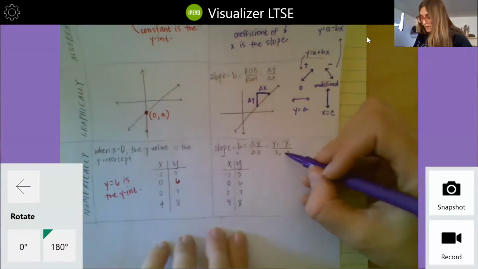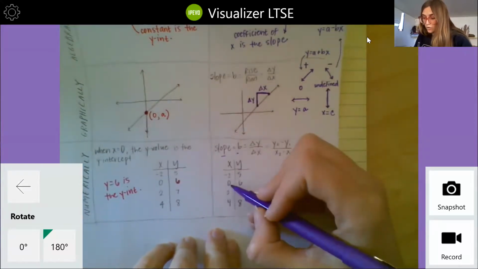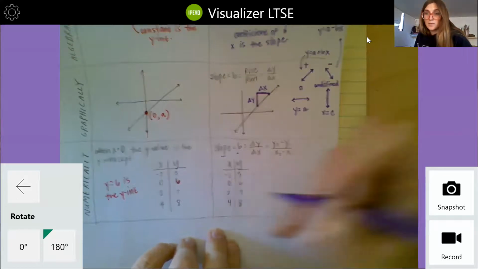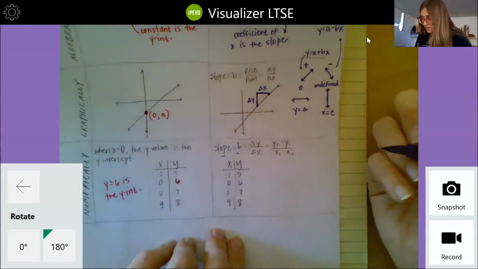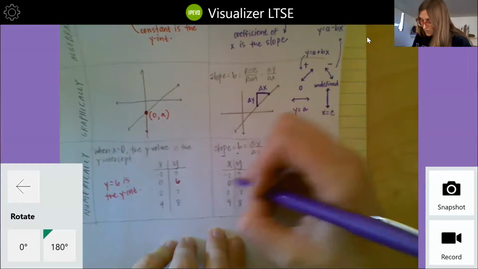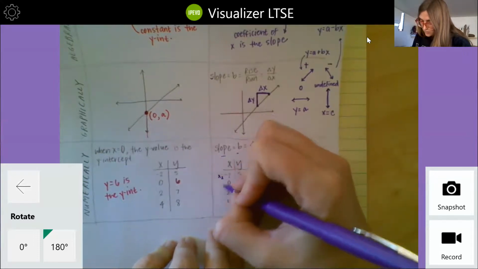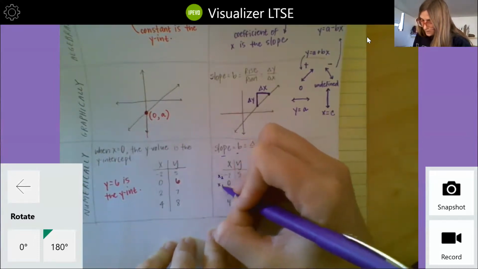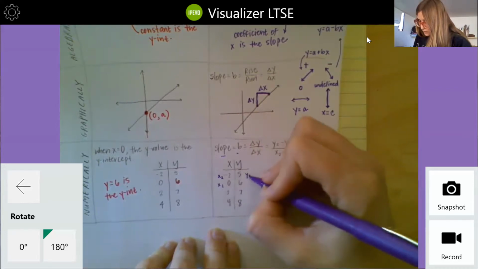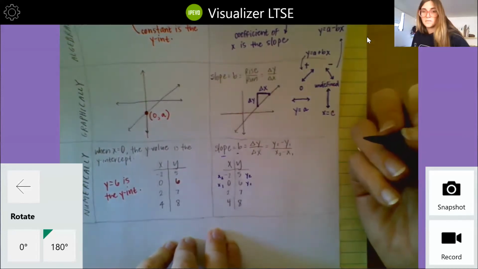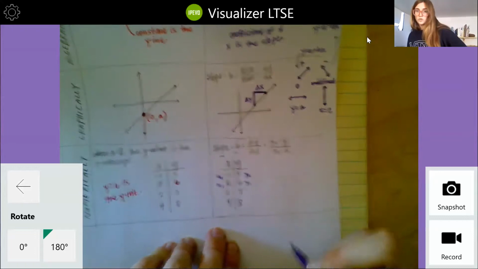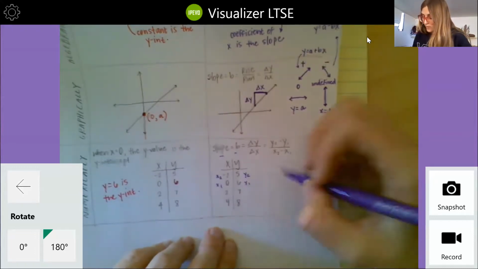And then x2 minus x1 would be taking the corresponding x values and subtracting those. So let's call this x2 and x1, and then this will be y2 and y1.